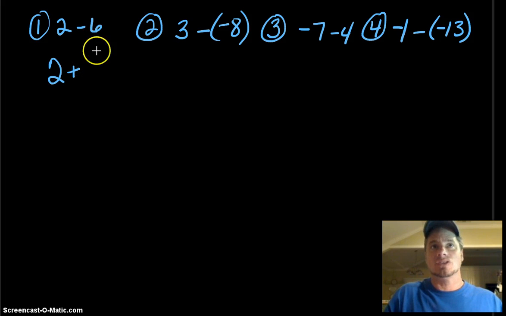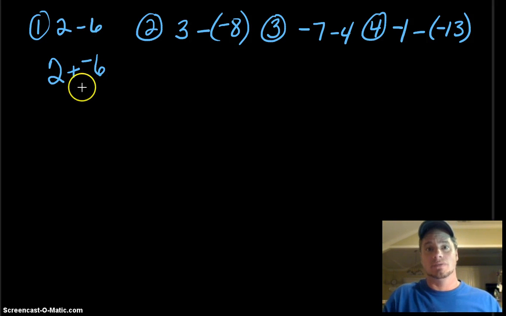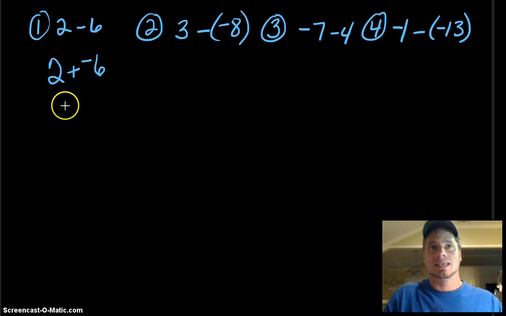Now we have to change the sign of the number behind it. What's the opposite of 6? Negative 6. So now these are equivalent expressions. 2 plus a negative 6 is negative 4. Remember, different signs find the difference. 6 minus 2 is 4. The larger number is 6, so it gets the sign of the larger number, which is negative.